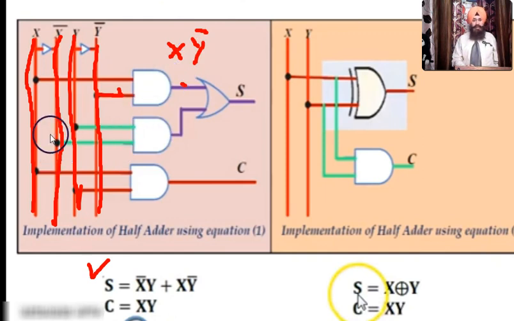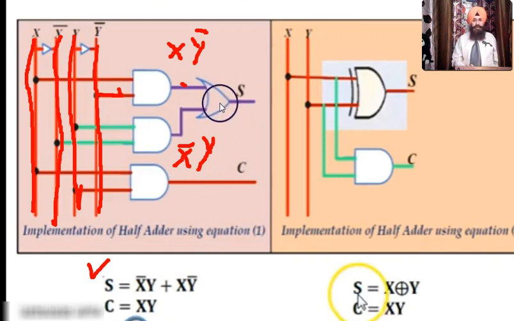Now coming to this other AND gate, one connection is here from x complement, and the second connection is here from the y line. So this is x complement y.